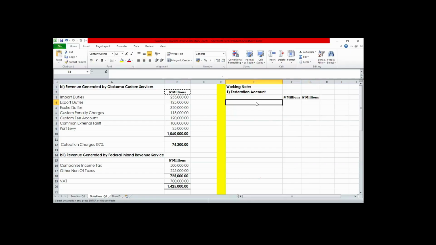If you look at it holistically, you have done for customs, you have done for federal inland revenue, and at the same time, you have also done for oil-related revenue that is meant to appear in the federation account. What you just need to do is pick up the total. Say revenue from customs.